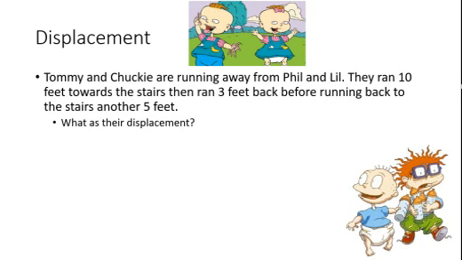From where they started, they ran 10 feet away from it. Then they ran 3 feet back, so now they're only 7 feet away. And then they ran another 5 feet. So in this case, their displacement would only be 12 feet, not 18, because they went backwards 3.